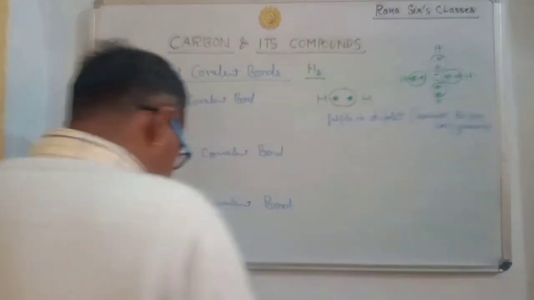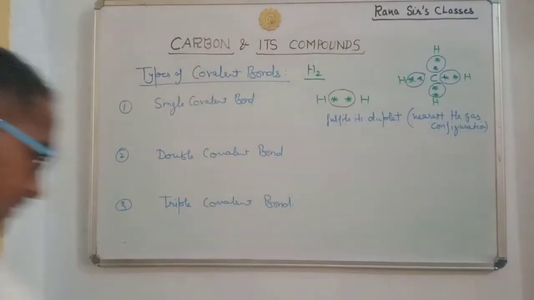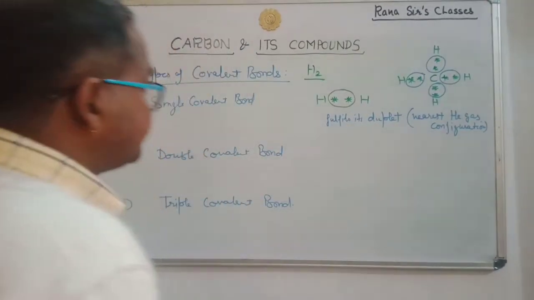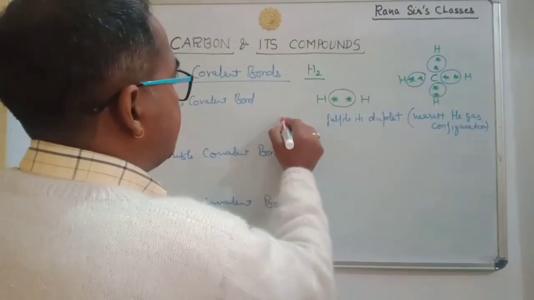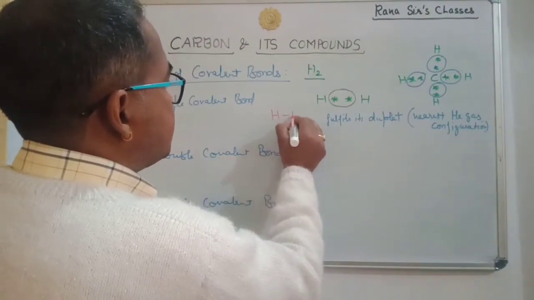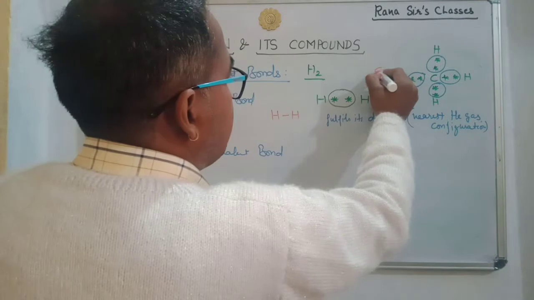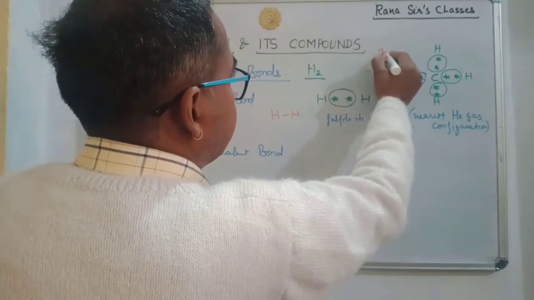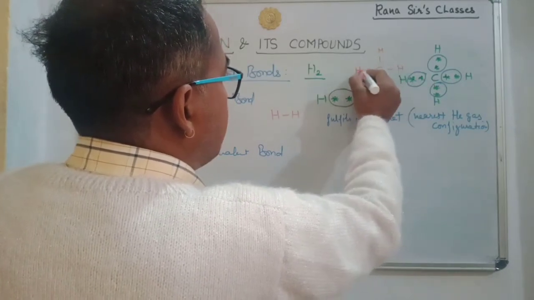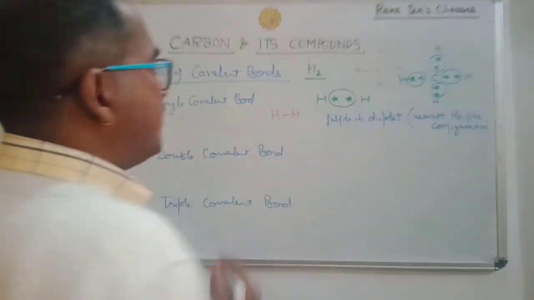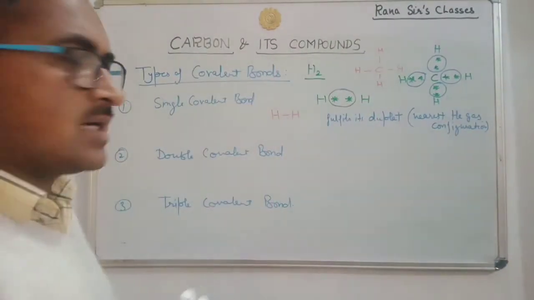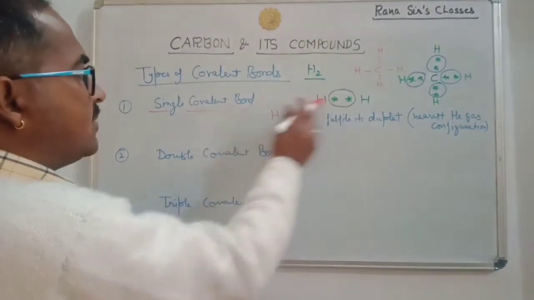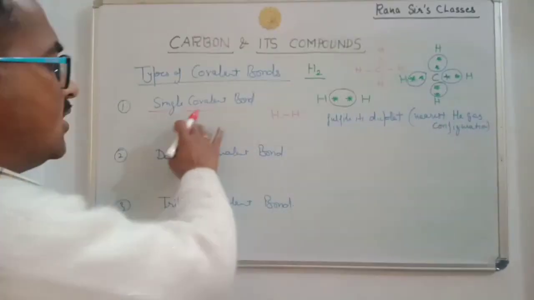We can also write it like this. Hydrogen is this, methane is like this, because 2 electrons are there to form a single bond. These bonds are formed by sharing, so they are single covalent bonds.